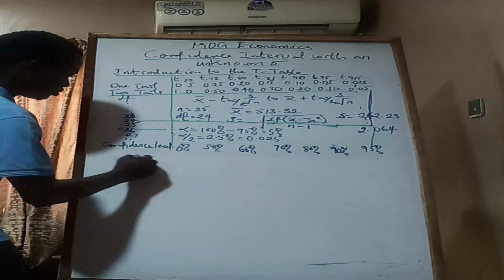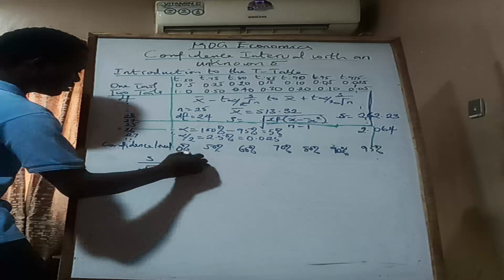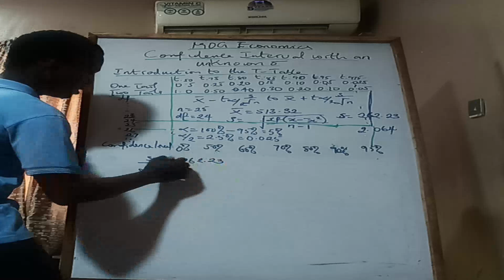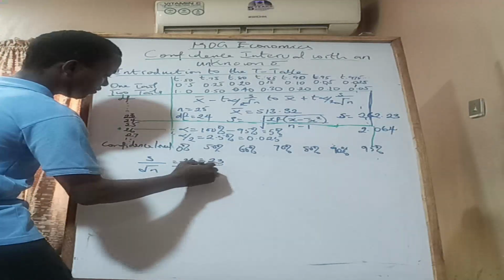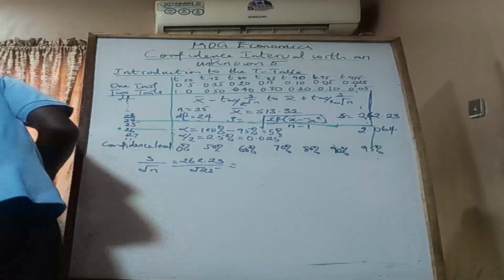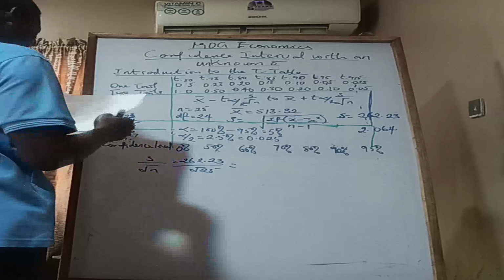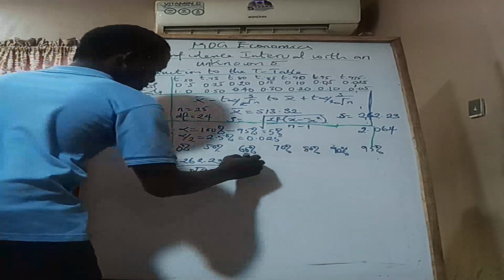So s over root n equals 262.23 divided by root of 25, and that is 5. So 262.23 divided by 5, around 50 something. So we have 52.446.